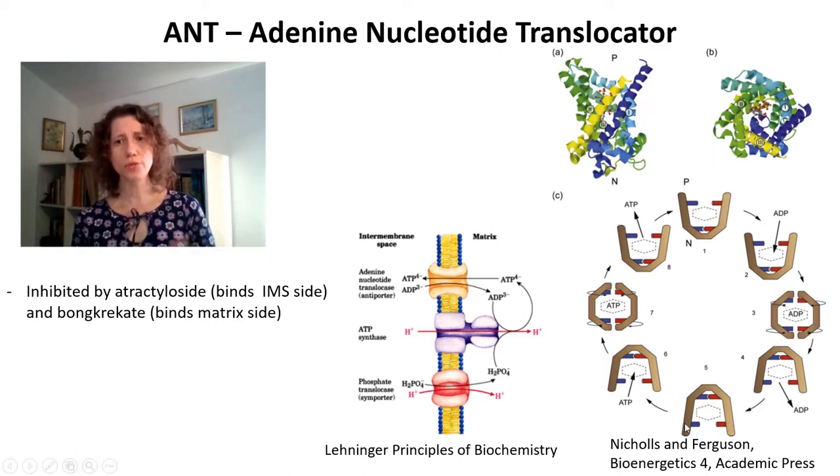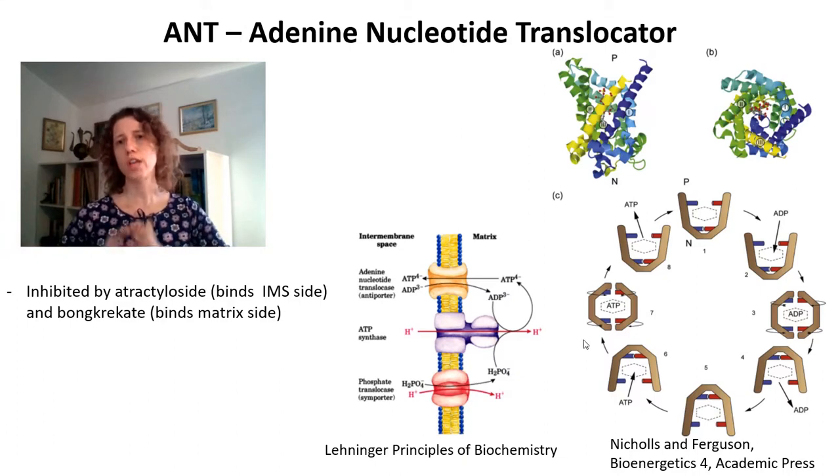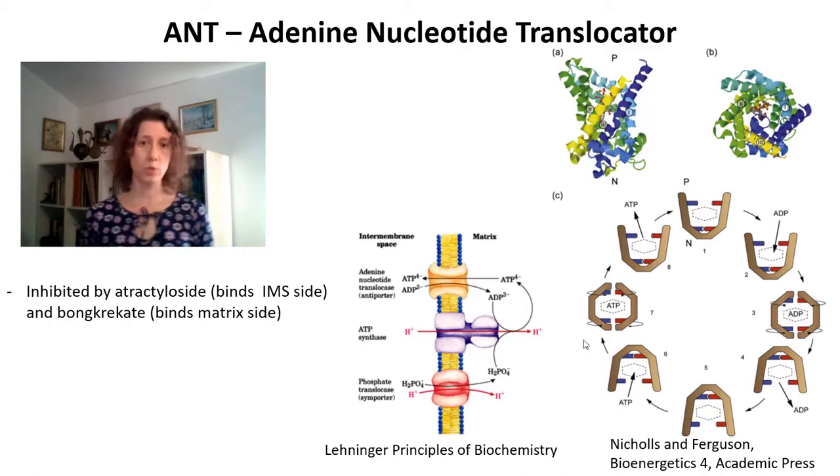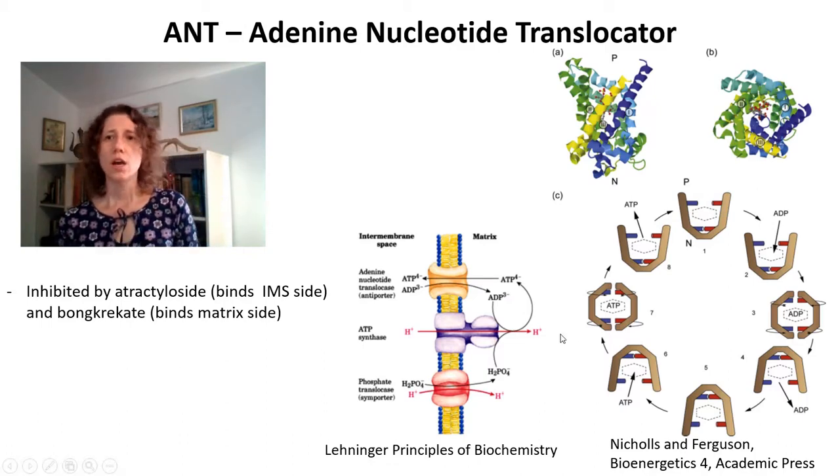You can also freeze the structure with its ATP binding structure facing the mitochondrial matrix by treating mitochondria with bongkrekic acid. So you know that there are two different structures, and both of these structures can be inhibited quite specifically with these natural molecules.